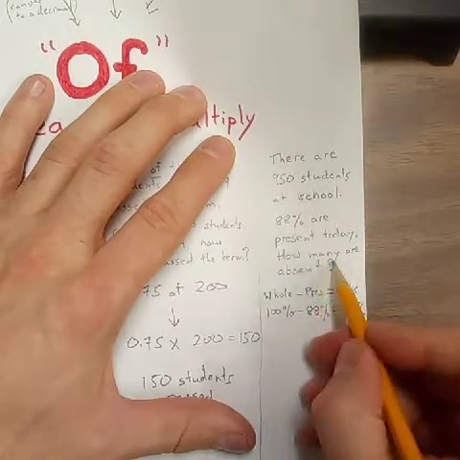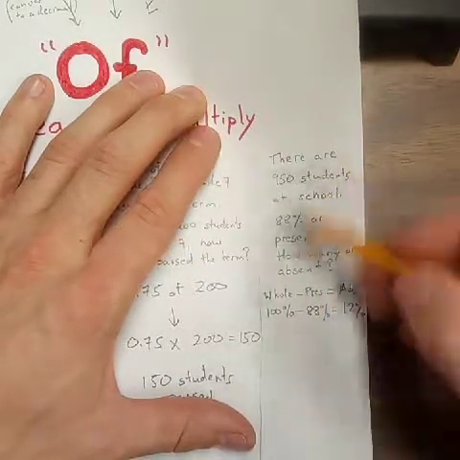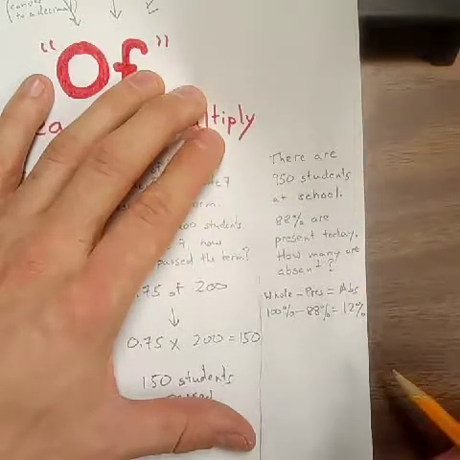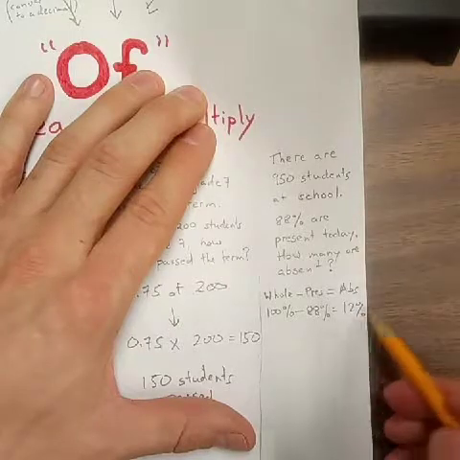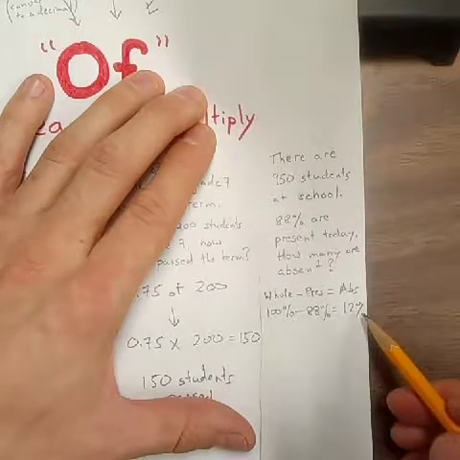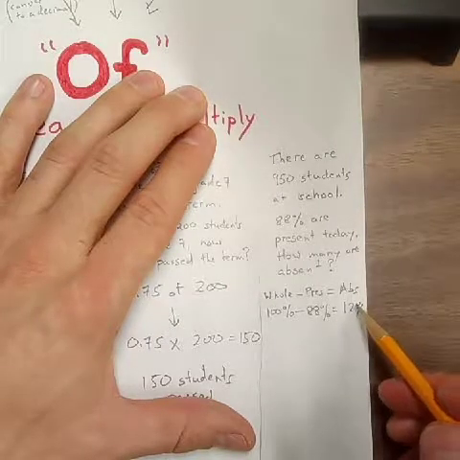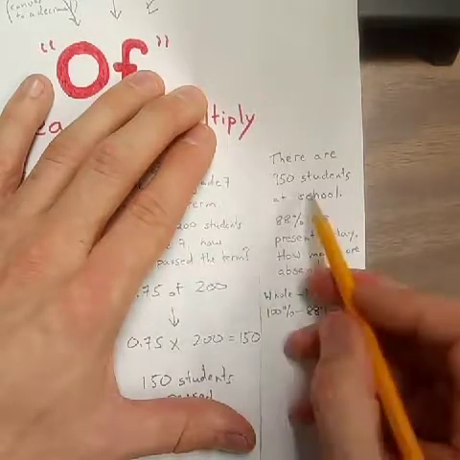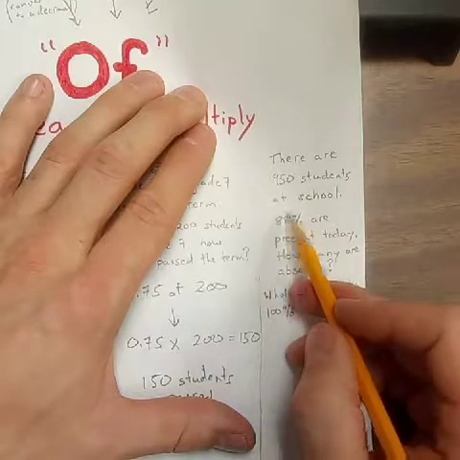But the question says how many are absent? I don't see the word "of" here, but I can make up a phrase using the word "of" on my own. I need to know the number for this 12%. So is this 12% of another number? In this case, there's 950 students at school.